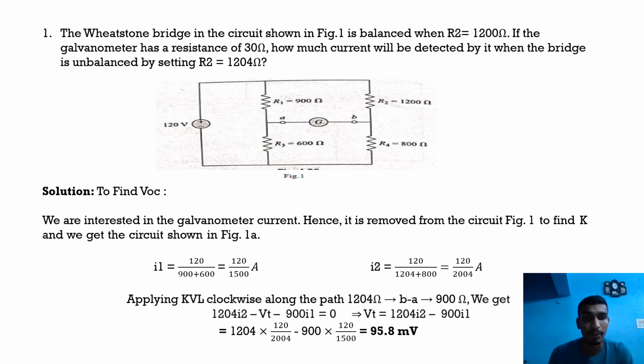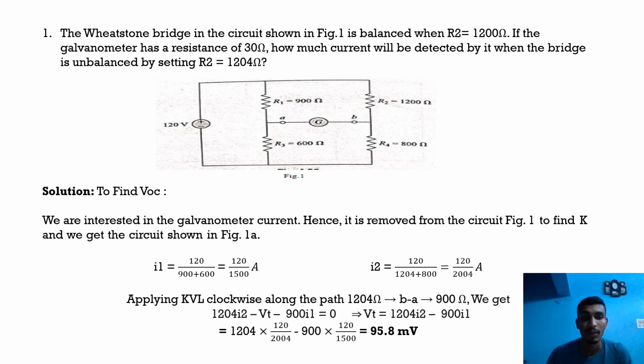To find the galvanometer current, we redraw the circuit and remove the galvanometer. Using mesh analysis, we get I1 equal to 120 by 900 plus 60, which is 120 by 1500 ampere, and I2 equal to 120 by 1204 plus 800, that is 120 by 2004 ampere.